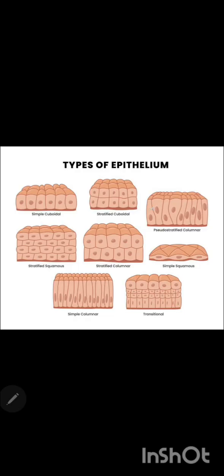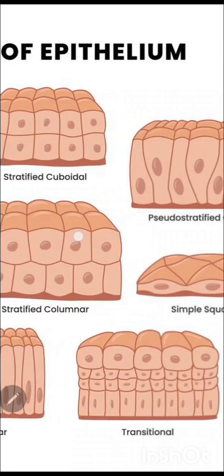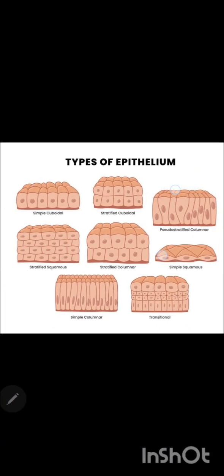So second point, we need to focus on the different shapes of cell of the provided sample. And the third and main thing, we should check the basement membrane and the lamina propria of any epithelial tissue. We should always observe where the basement membrane is present, and just below the basement membrane the lamina propria region will be present, and we will see that in the next image.